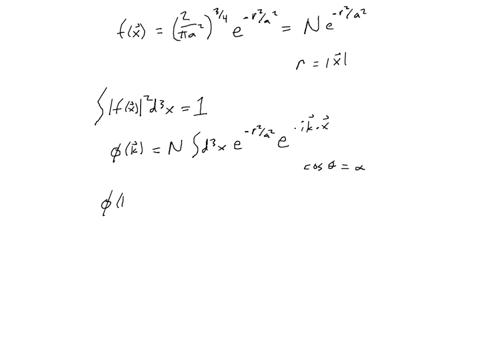All right, so phi of k is equal to 2 pi n times the integral from 0 to infinity of r squared dr, and the integral from minus 1 to plus 1 d alpha of e to the minus r squared over a squared, e to the minus i k r alpha.